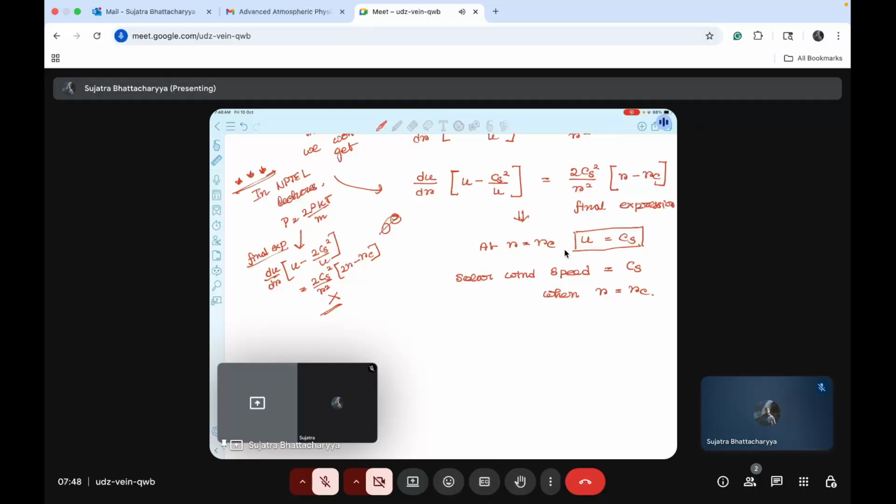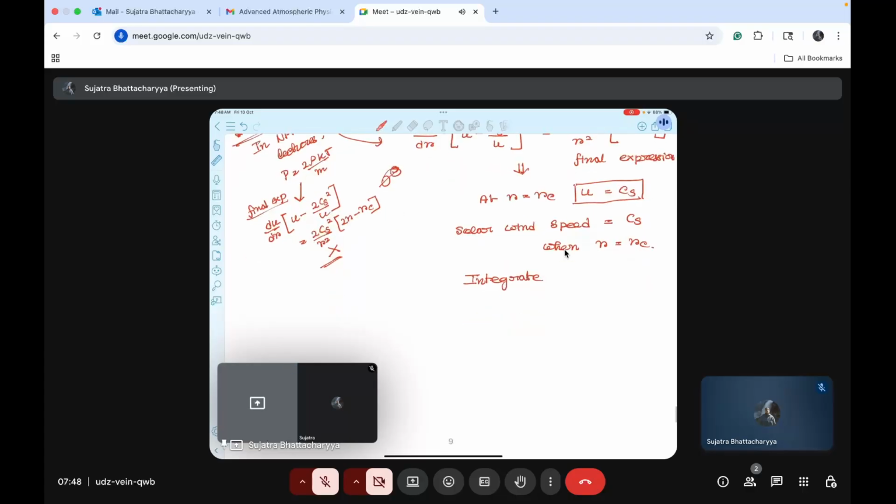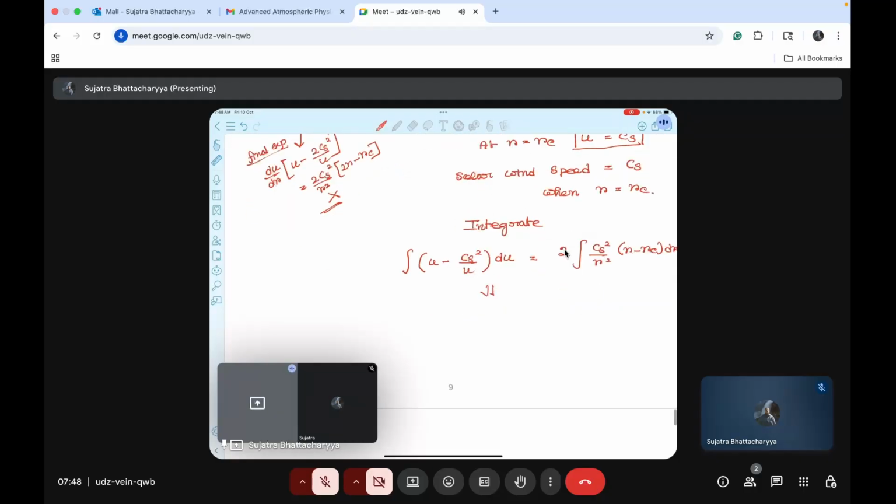Perfect. Now what we can do is integrate both sides, both expressions, and what you get is (u minus cs square by u) du equals 2cs square by r square times dr, integrated from rc. So from this result you get 2 log u by cs equals 4 log r by rc plus 4rc by r plus a constant.